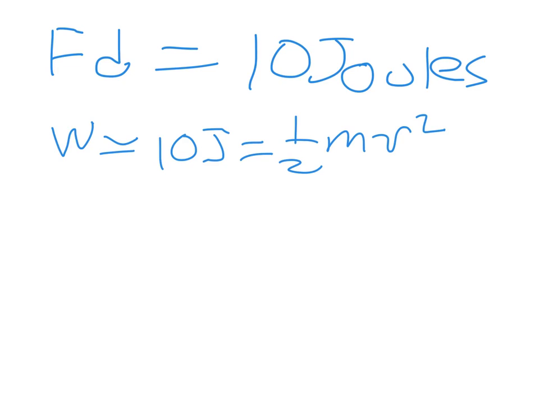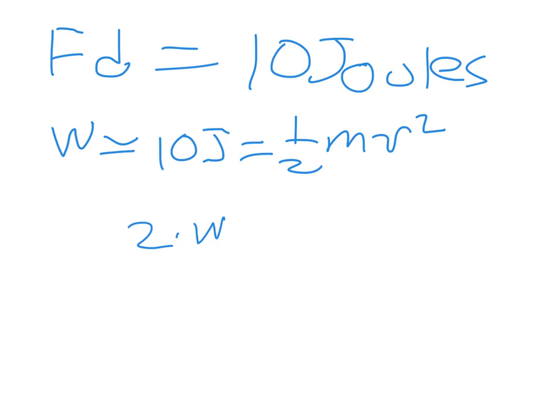And so if I want to know what that final velocity is, all I have to do is some algebra. If I multiply both sides by 2, I can get rid of this half. And so over here I would have 2 times the work, which is, of course, just this 10 joules. I'll plug that number in.